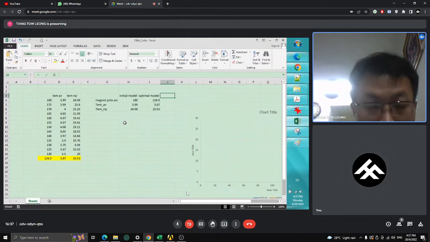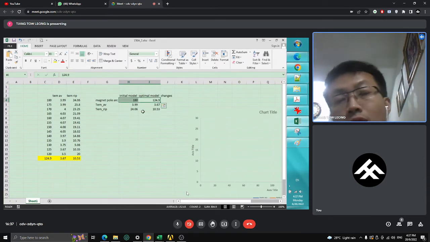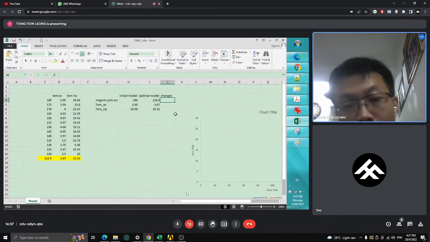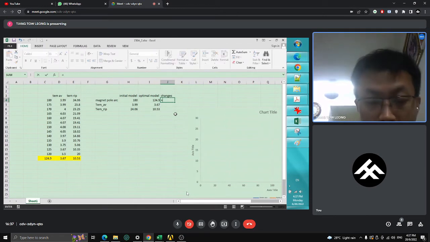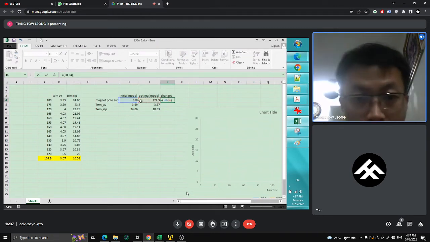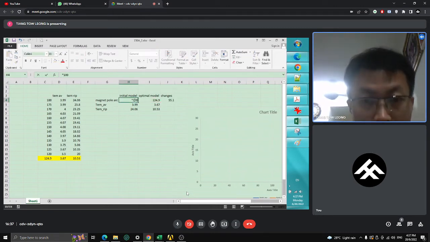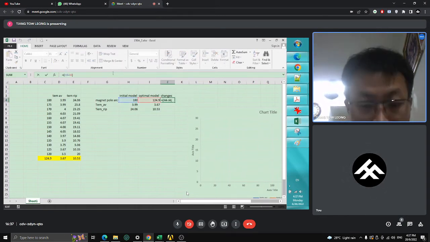Okay. And then the changes, so this is actually a decrement, which means, okay, let me do it for you. This one should be this value minus this value, divide by original value, and 7%.